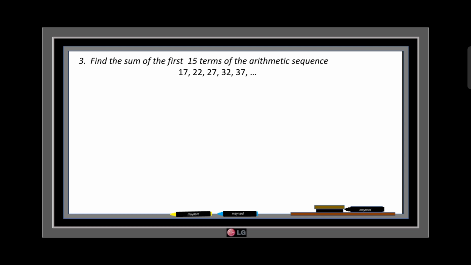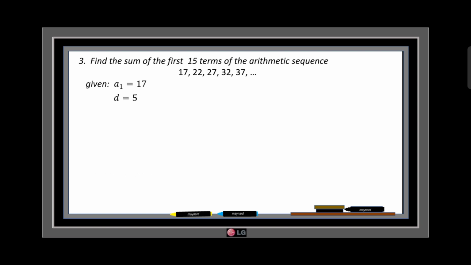Let's go now to our last example, number 3. Find the sum of the first 15 terms of the arithmetic sequence 17, 22, 27, 32, and 37. Let us write down the given. Ang A sub 1 natin dito is 17. First term.